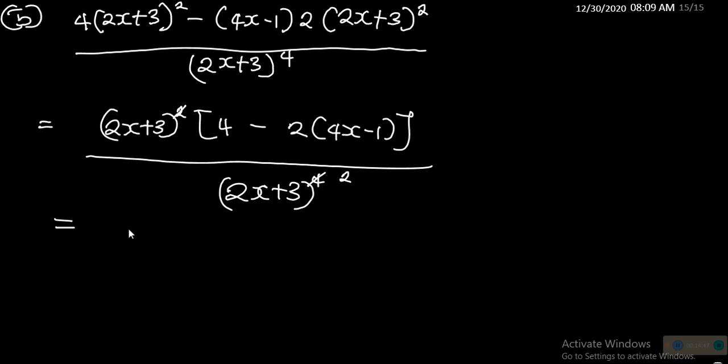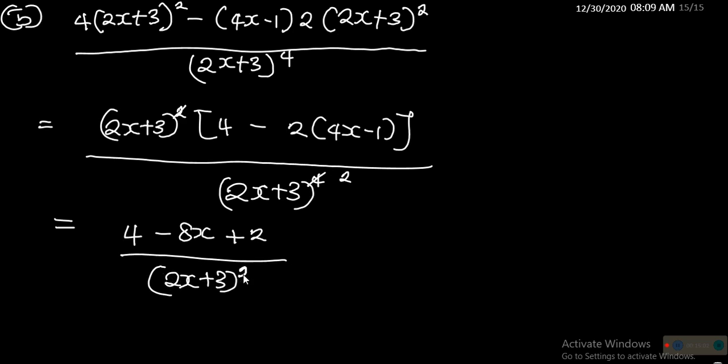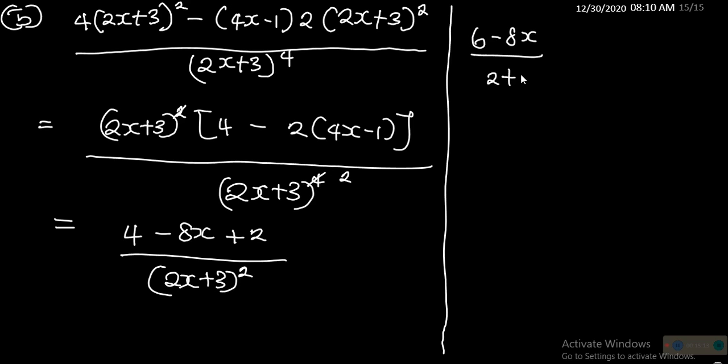So that has cancelled, and the numerator can be simplified to be 2 times 4 we have minus 8x, minus 2 times minus 1 we have plus 2, all over 2x plus 3 all squared. Okay, and that can be rewritten as 4 plus 2 is 6, 6 minus 8x all over 2x plus 3 squared.